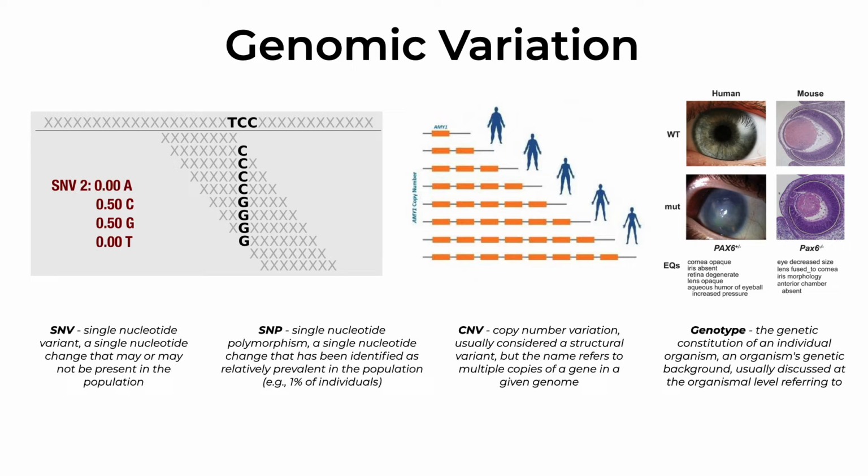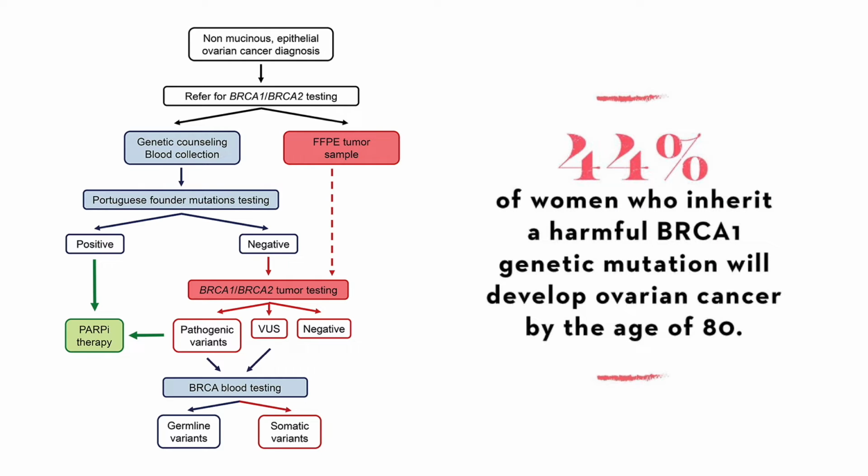And in some cases, we are going to be looking for pathogenic SNPs. SNPs are single nucleotide polymorphisms, or a single nucleotide position that has been identified as relatively prevalent in the population, or over 1% of individuals. For example, BRCA1 and BRCA2 testing is extensively used to identify women that are at risk of developing breast or ovarian cancer.